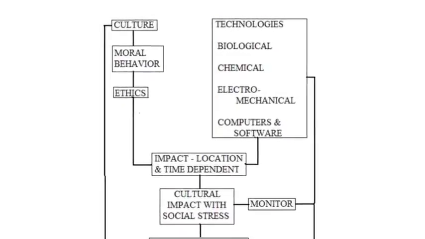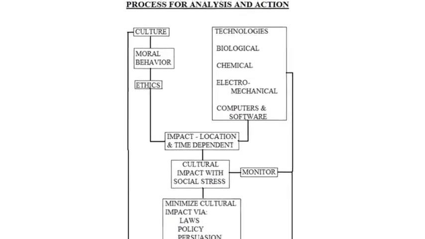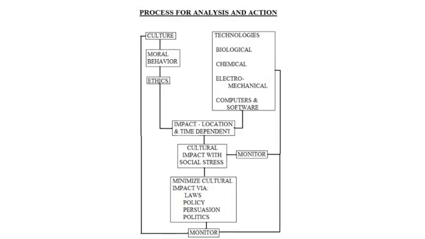On the other side of the diagram, you're going to see technologies like biology, chemical, electromechanical, computer, and software. That array of technologies is probably 99% of the kinds of things that are going to impact or interface with the culture you're in, whether it's a corporate culture, subculture, or the community you live in. You remember, culture is wherever you are and how it's okay to behave.